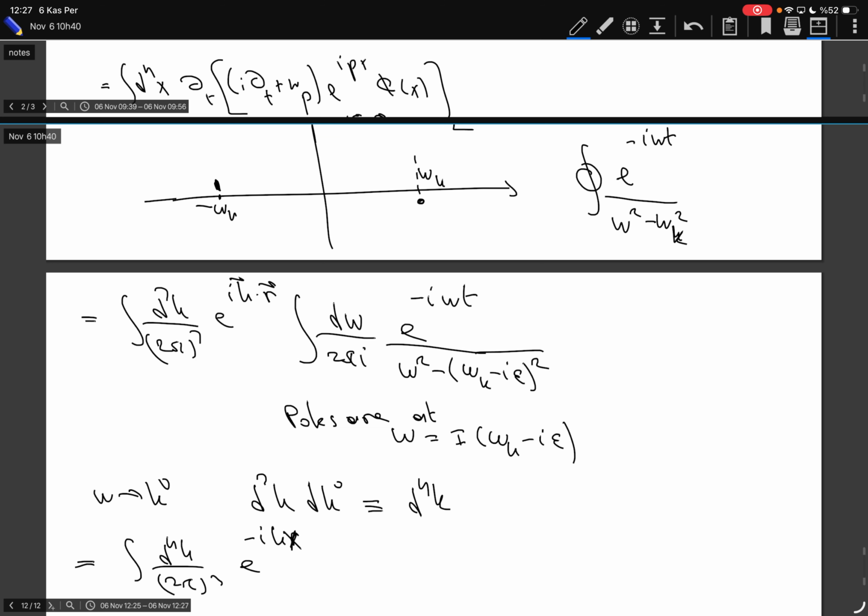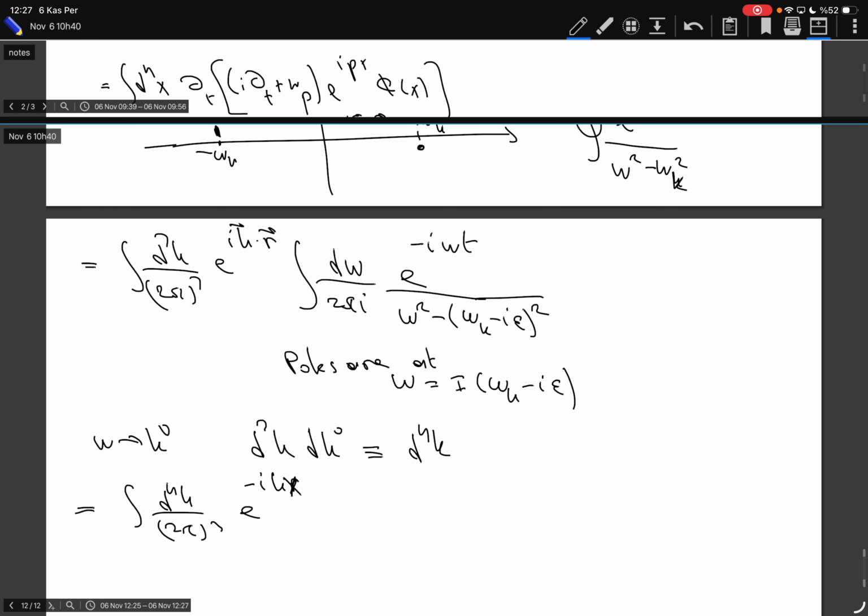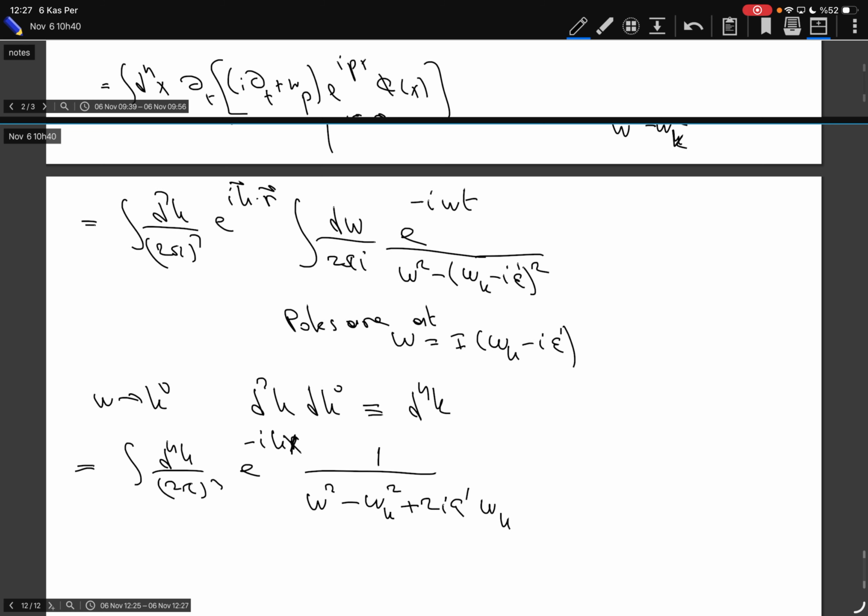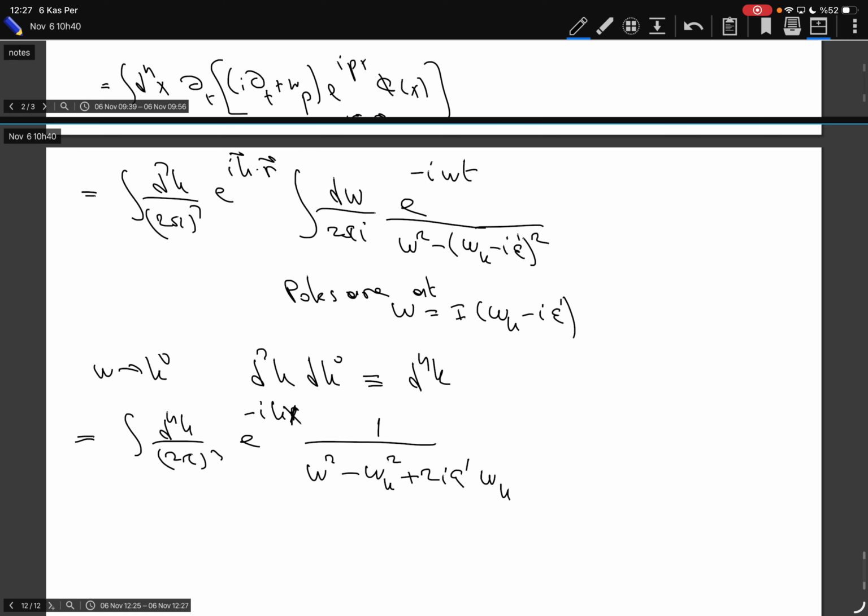This is the four-dimensional scalar product. 1 over omega squared minus omega k squared plus 2i epsilon prime omega k, let me call this epsilon prime. Then, of course, there is the epsilon prime squared term, which I ignore. Epsilon is small. If epsilon prime is sufficiently small, epsilon prime times omega k is also small. Eventually it will go to 0. So I can call all of this thing i epsilon.